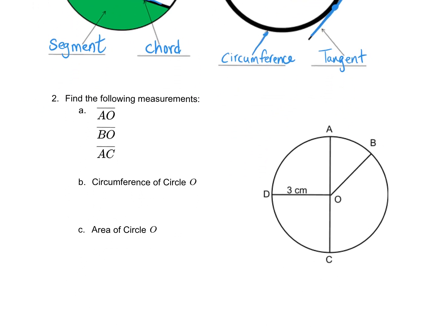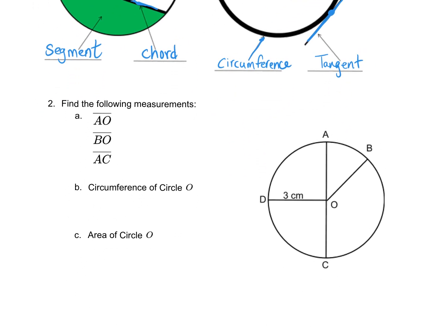Here we're going to see if we can identify a few parts. So here we have find the following measurements of AO, BO, and then AC, which is the whole thing.